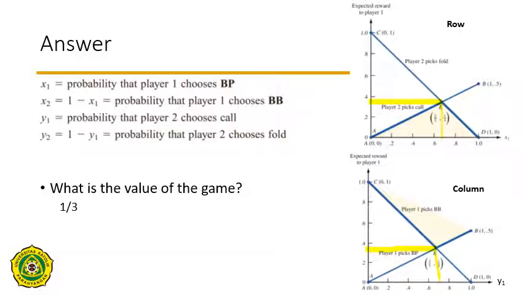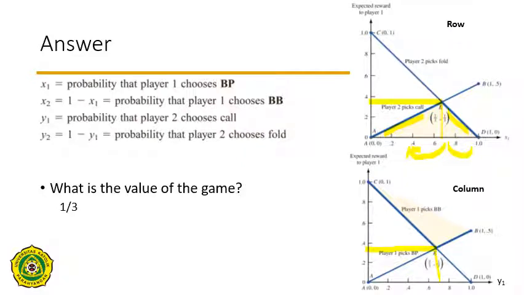Whoever deviates from that optimal randomized strategy will suffer. For example, if player 1 plays x1 too small, then his expected reward will be smaller than 1/3. If x1 is too large, then his expected reward will also go lower than 1/3.